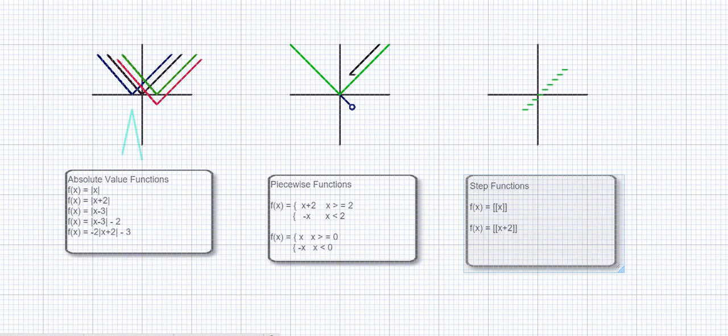If x equals 1.5 and I add 2, that's going to give me 3.5. And what's the greatest integer that's less than or equal to 3.5? The answer is 3. So if I put in a 1.5, I get out a 3.